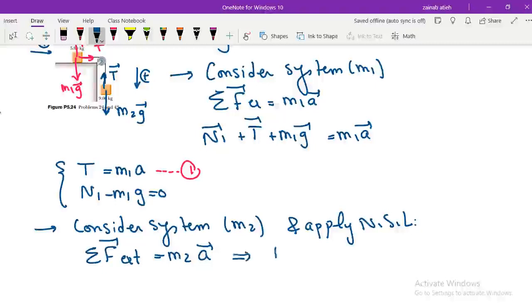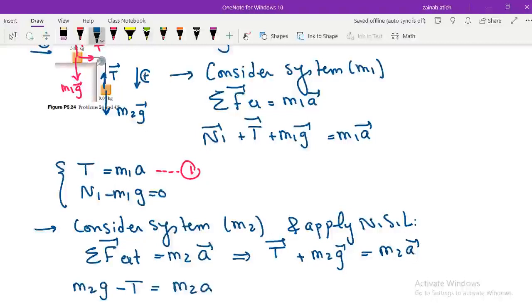We have only two forces: T plus M2G equals M2A. Notice here the positive sense is downward, so everything along the vertical equals MA, with the motion. Since the motion is downward, positive sense downward, I get M2G minus T equals M2A. I project this way.